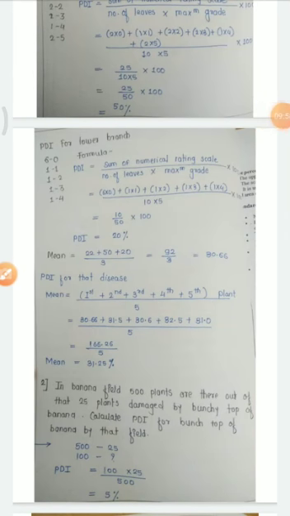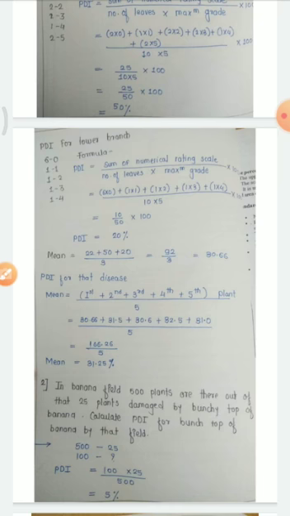Then let us see the next, PDI for the lower branch. Here 6 leaves have no kind of damage, that is 0. Then 1 indicates that 1 leaf has near about 10% damage approximately.